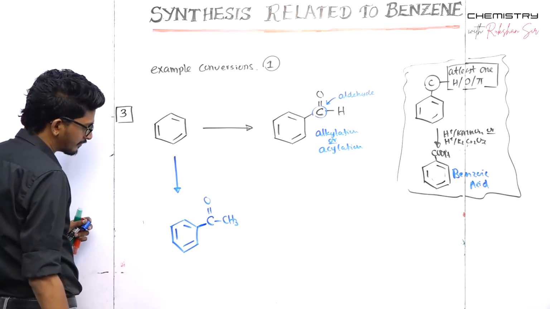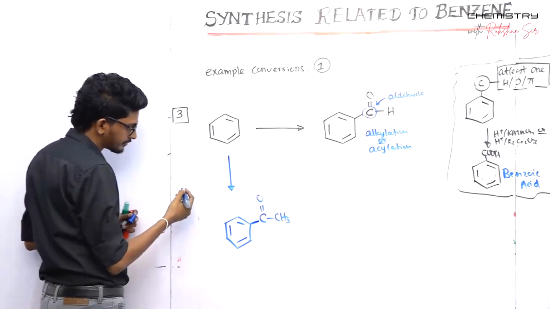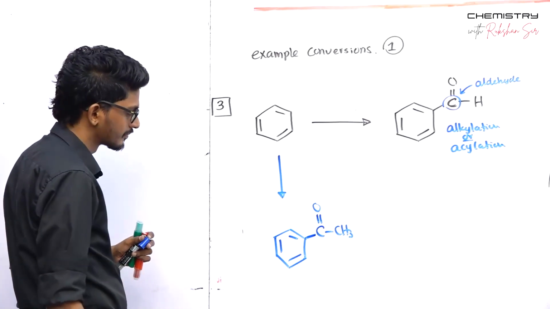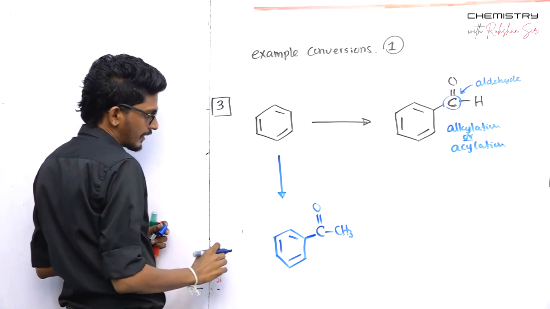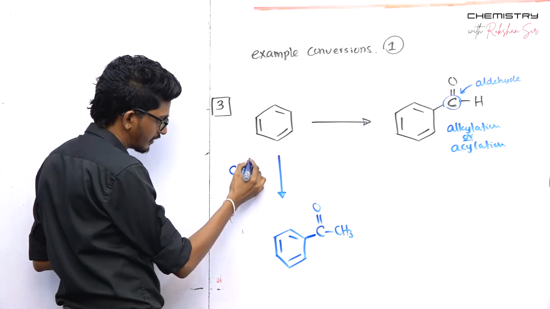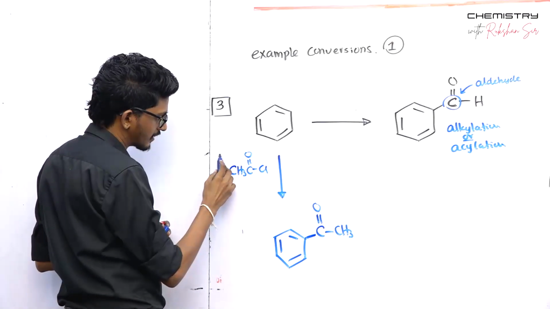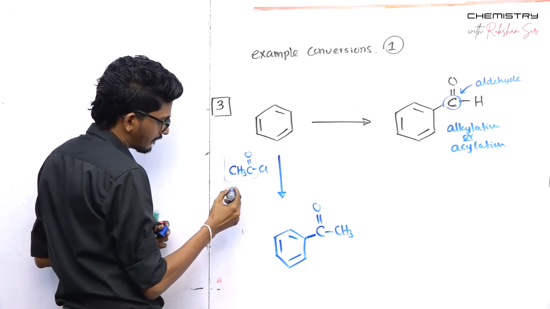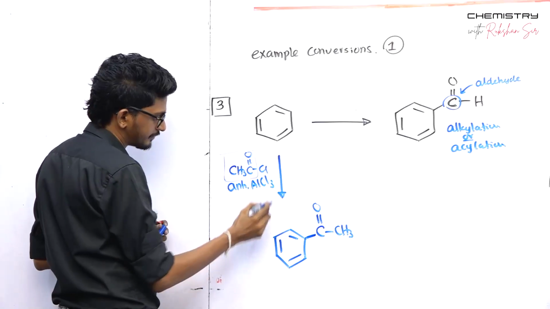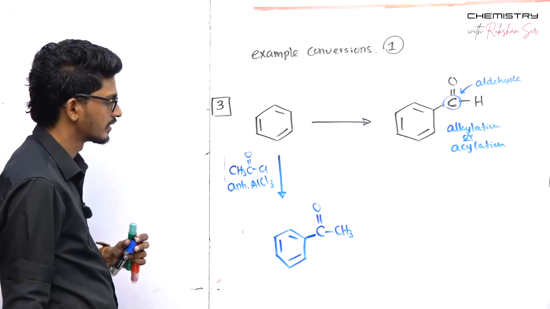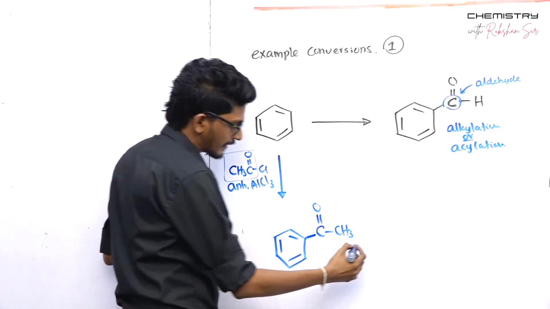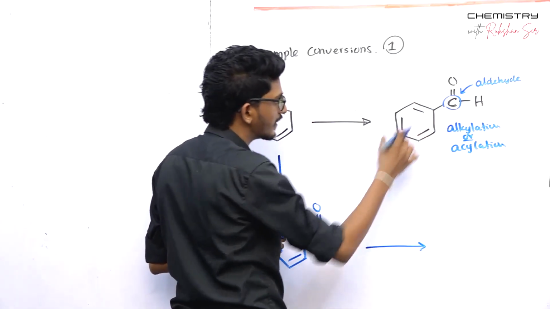So this could be done with the use of CH3COCl. So this will be connected with anhydrous AlCl3. Right? Then ketones can't be converted to the aldehydes, right?